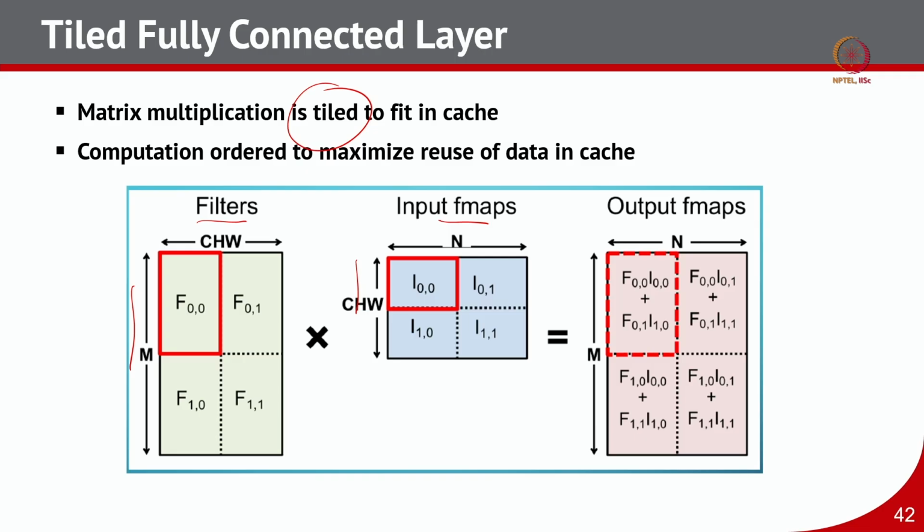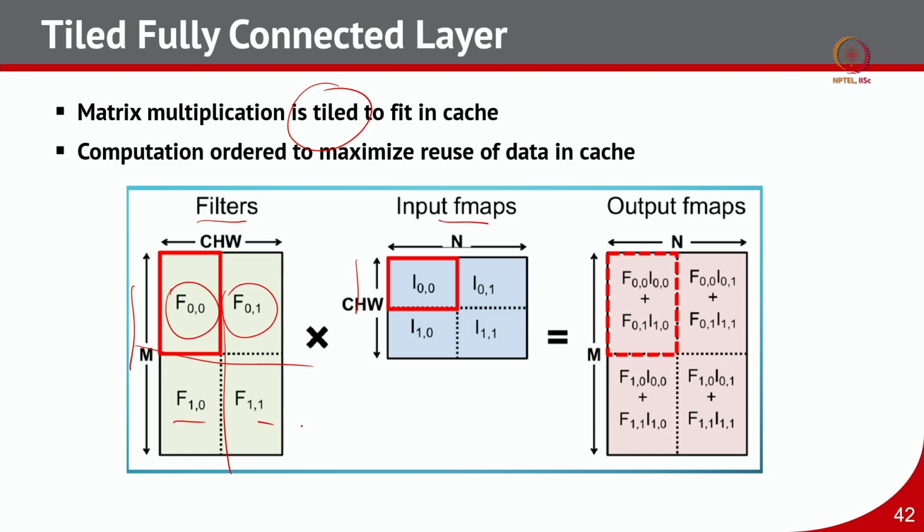Whenever we say tile, that means the matrix is segmented into multiple tiles, and those tiles can fit in the cache. Of course, if the matrix is segmented, then the size is smaller, and there is a higher possibility that those tiles can fit onto the cache. In this case, the filter, M by CHW, has been segmented into 4 tiles: F00, F01, F10 and F11.